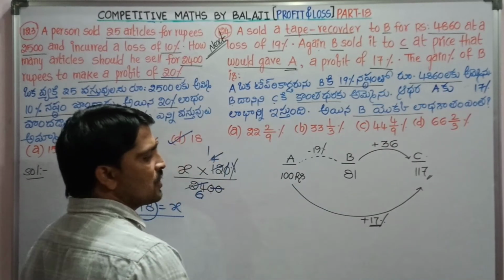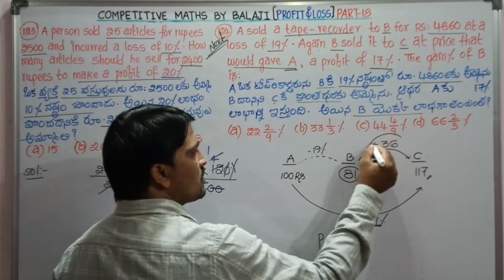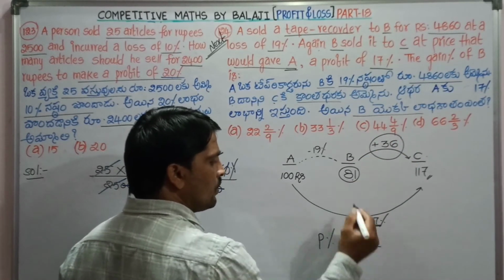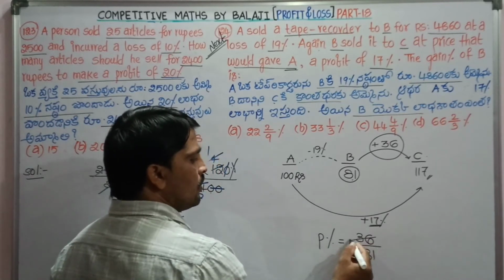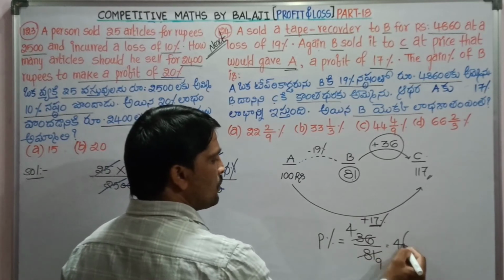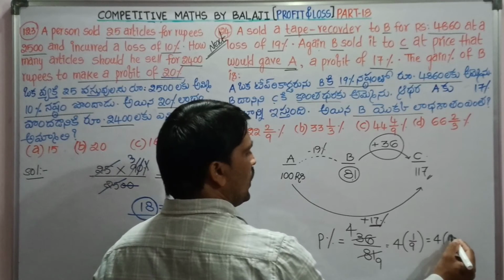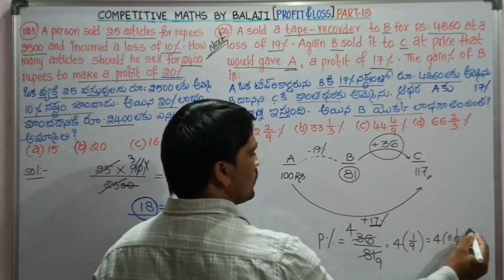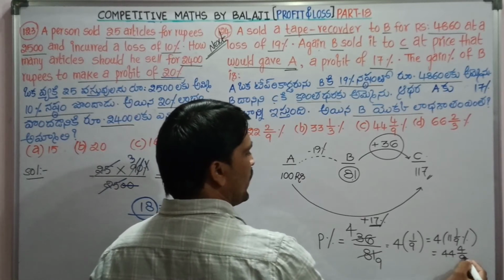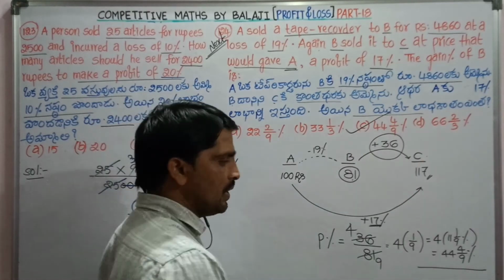B gets a profit of 36 units. Profit percentage of B is 36 units profit over 81, his cost price. 9 fours are 36, 9 nines are 81. This is 4 times 1 by 9. 1 by 9 is nothing but 11 whole 1 by 9%. That is 4 times 11, 44 whole 4 by 9% profit. So B's profit is 44 whole 4 by 9%.